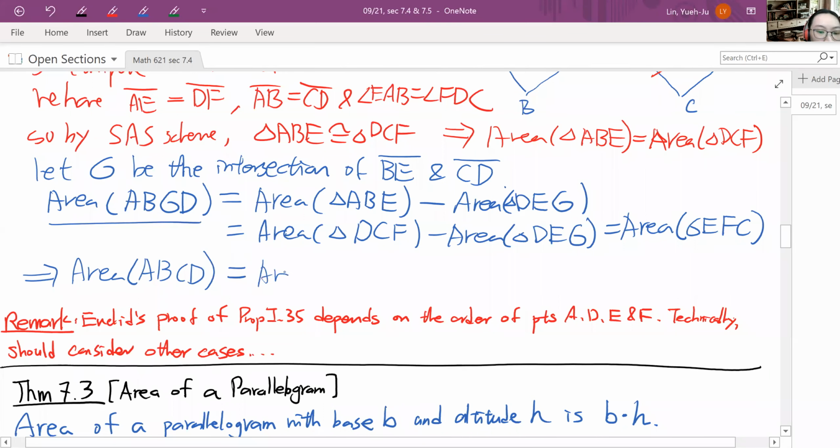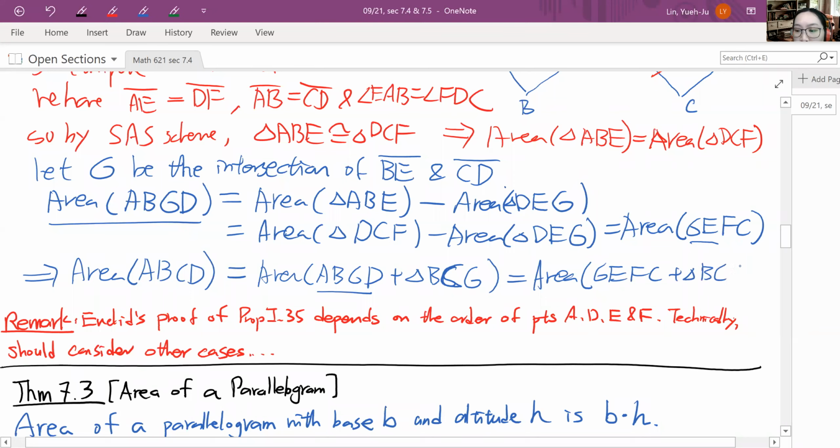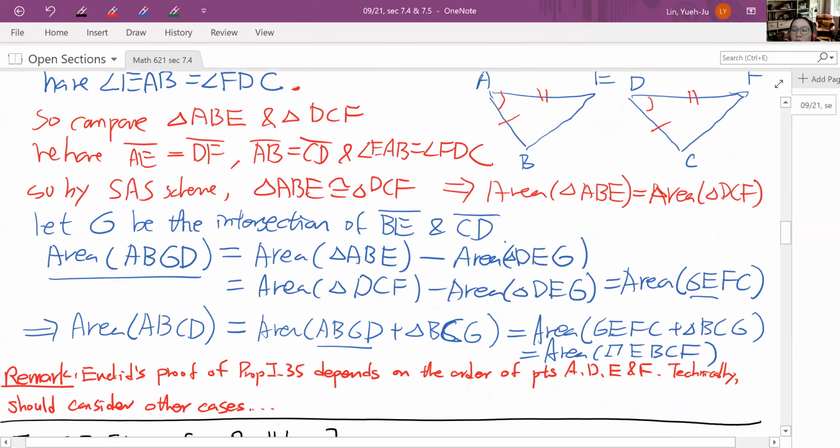So the area of ABGD plus, let me be sloppy, just directly add it here, the triangle BCG, which is the same thing as GEFC plus the same triangle, which is essentially the area of the parallelogram we want on the other side, EBCF. Okay, sorry, because I'm moving back and forth, it's a little hard to compare. So I would suggest that the last part is really just comparing the overlapping part.